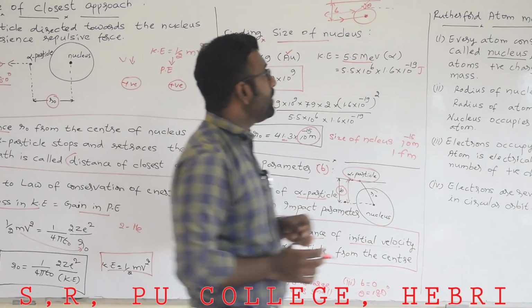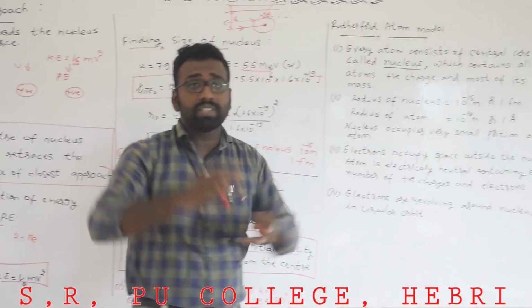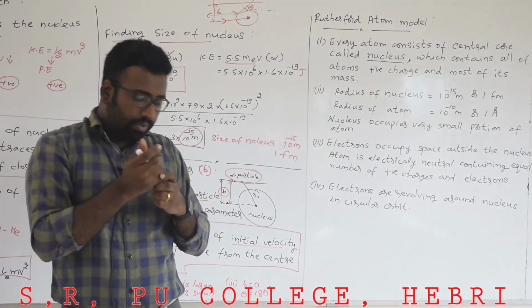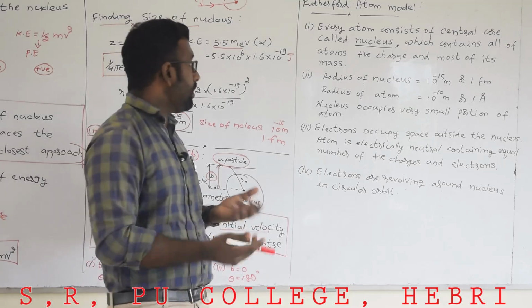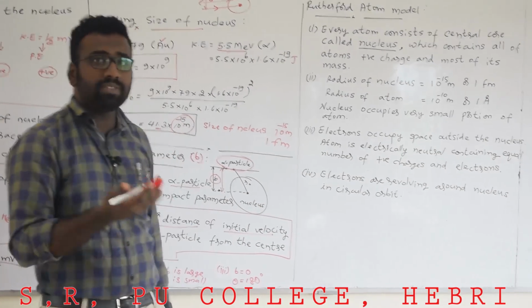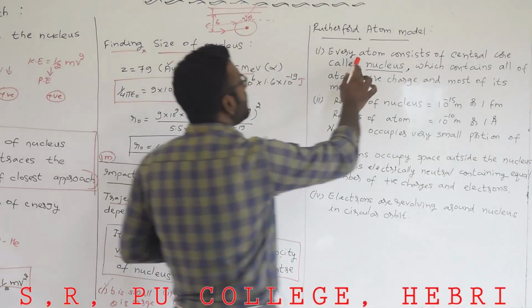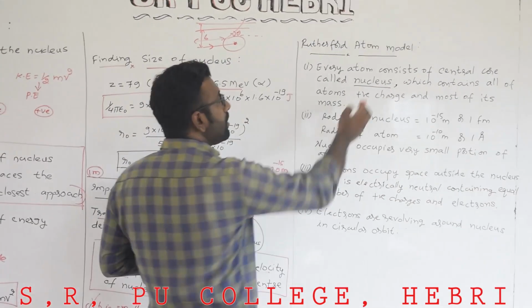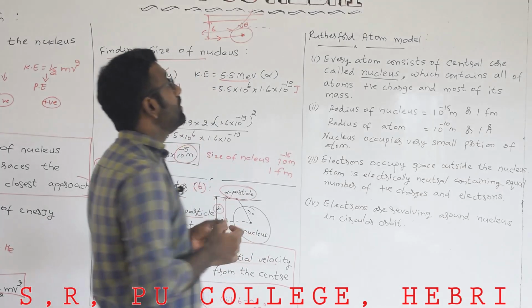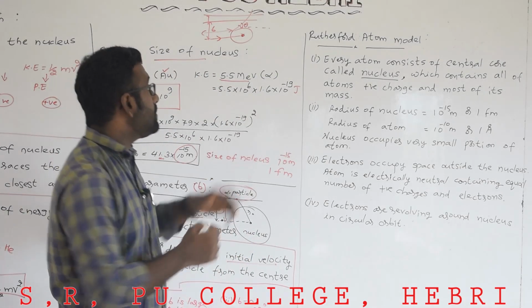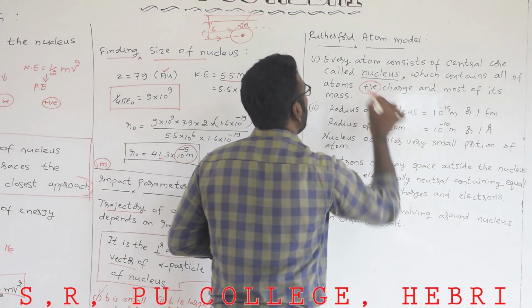We will move on further, going back to what we have studied. We will go into a bit more detail about the Rutherford atom model. What do we know about it? It says that every atom consists of a central core called the nucleus, which contains all of the atom's positive charge and most of its mass.